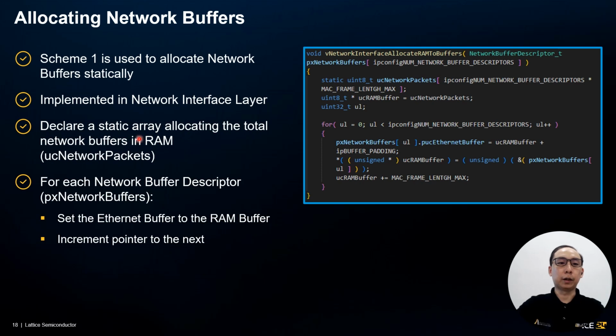It starts by declaring a static array of total network buffers in the RAM. Next, each network buffer descriptor is initialized by assigning the Ethernet buffer in the RAM to the network buffer descriptor. Then it increments the pointer to the next descriptor and completes the assignment for all the 48 network buffers.